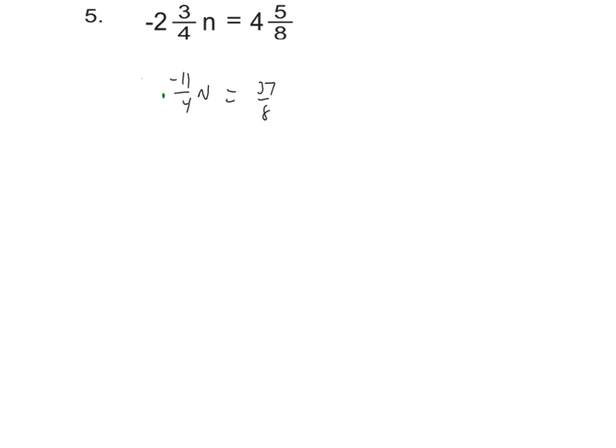Yeah, this one, there's nothing to move that's added to the variable. Now, sometimes there will be, and you'll have the mixed number that you made an improper fraction, and you'll move it. But this one, we're already ready to move the negative 11 over 4 by multiplying both sides by its reciprocal, right? That leaves the n isolated on the left. Hopefully you see you can reduce, right?